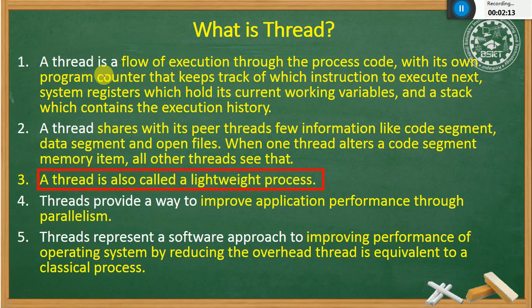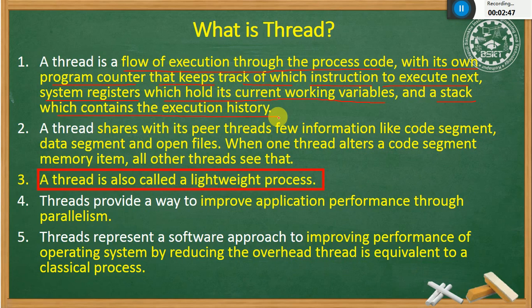A thread is a flow of execution through the process code with its own program counter that keeps track of which instruction to execute next, system registers which hold its current working variables, and a stack which contains the execution history. Okay, so that is a thread.